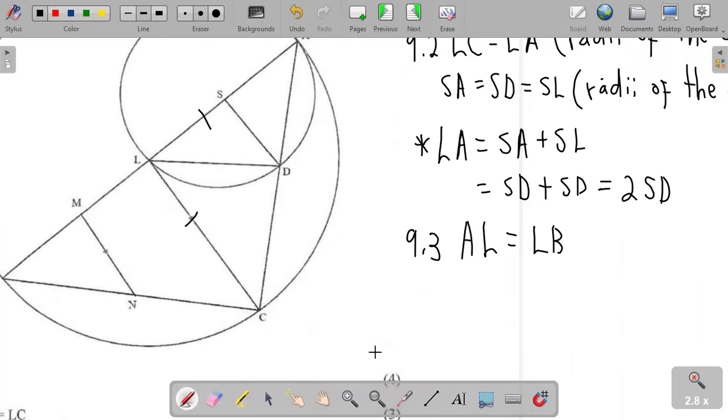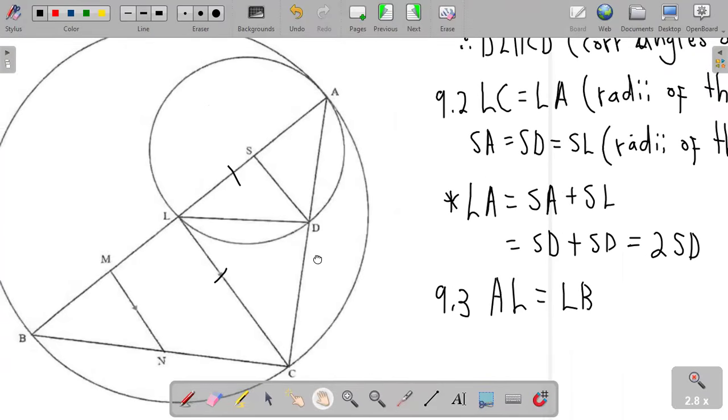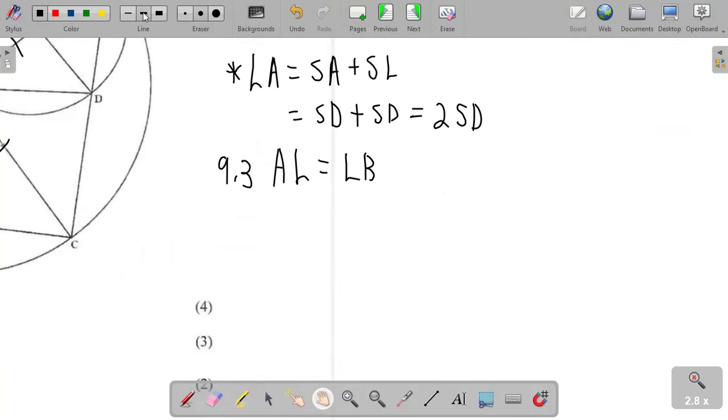And then AS equals SL. This is the radii.